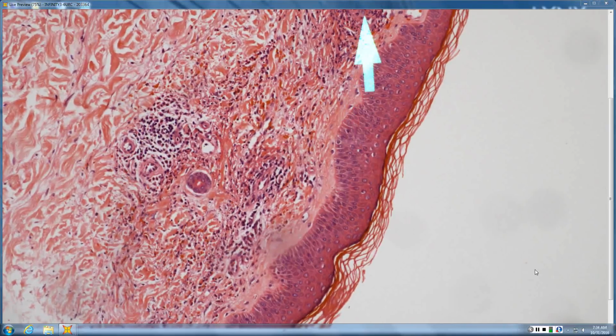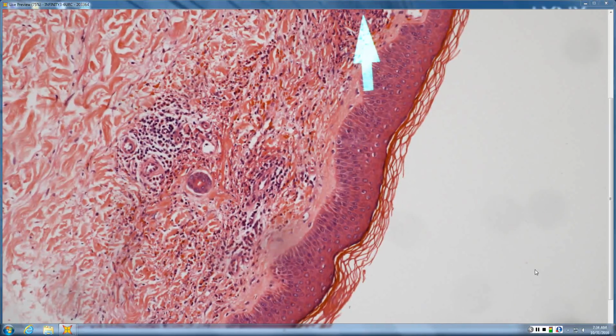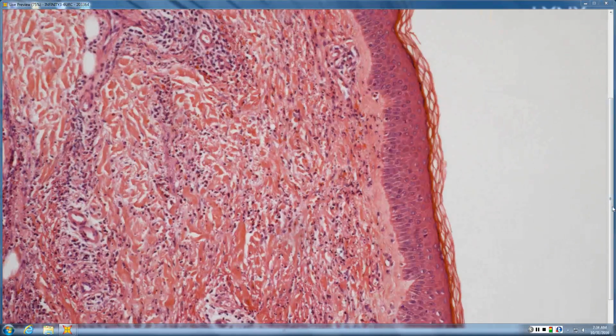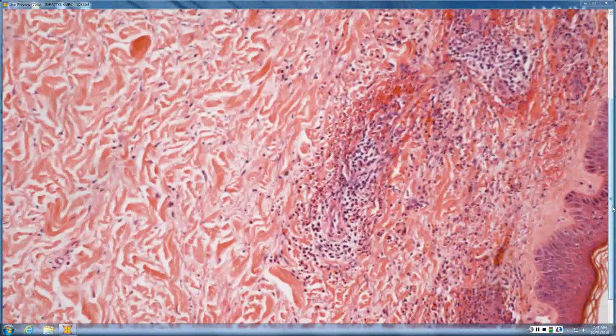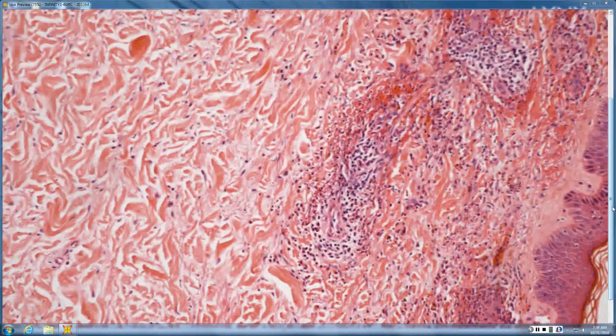Gone or still there? I don't see any nucleus. Do you see a nucleus right there at the tip of the pointing arrow? Yep. So, you know, they're still there. Everywhere you look, the nuclei are still there. So, endothelium intact, post-capillary venule, neutrophils, karyorrhexis, expansion of the vessel wall, fibrin deposition.